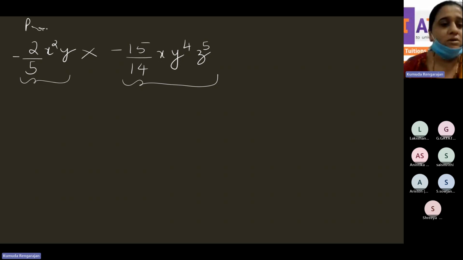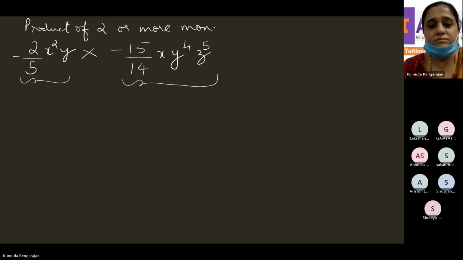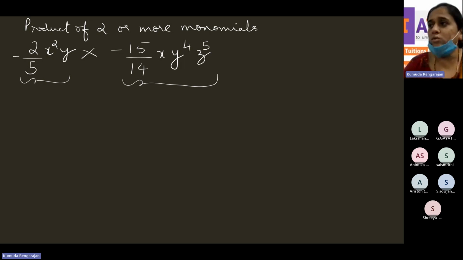We are learning how to multiply, or find the product of, two or more monomials. So here, in this example, we have two. All right, so how do we multiply? Multiply the numbers.